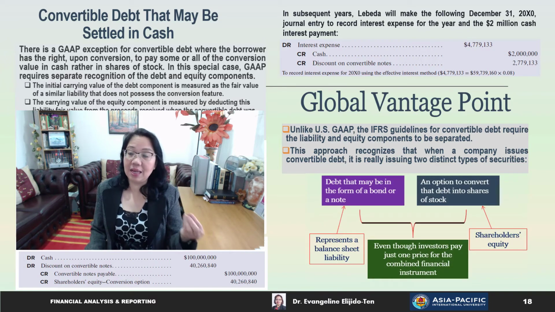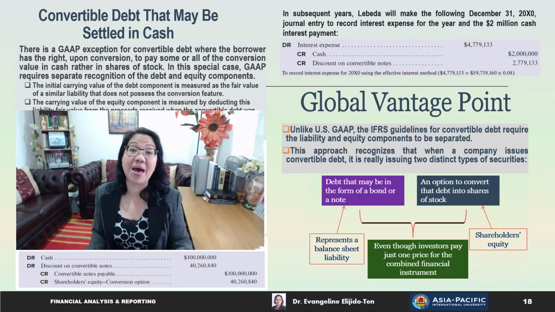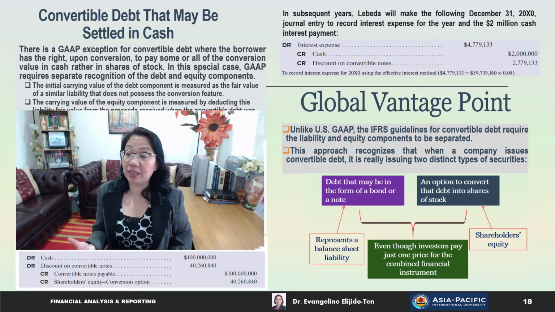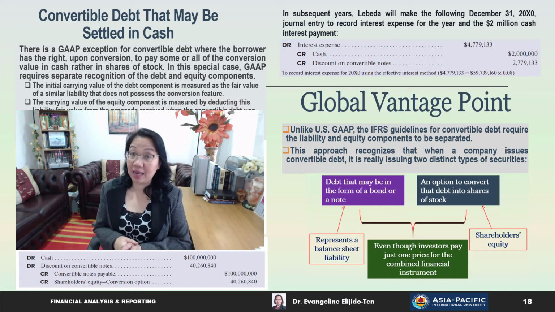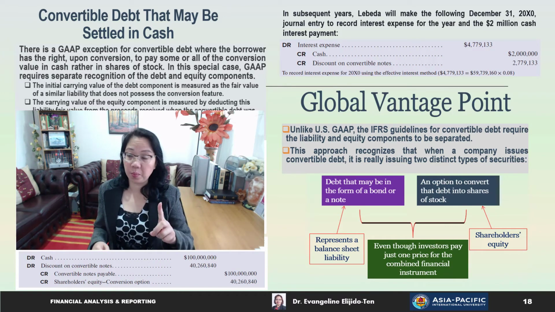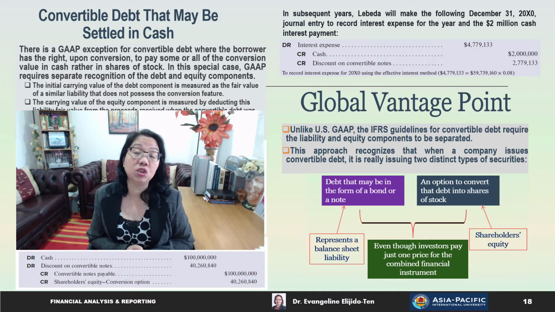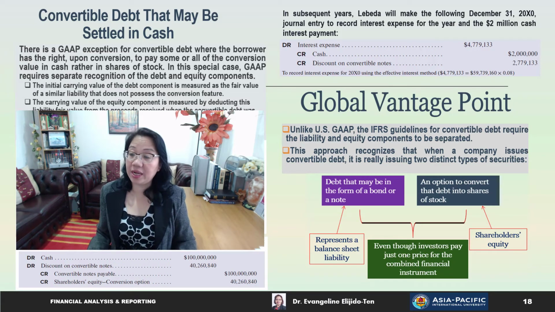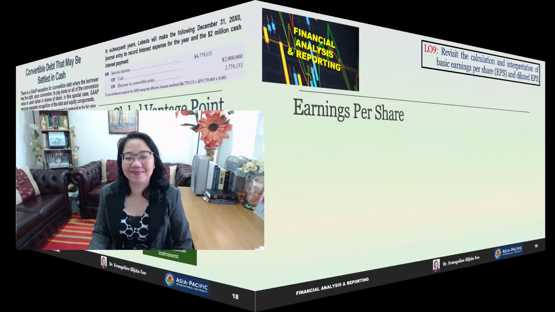The debt that may be in the form of a bond or a note, this represents the balance sheet liability, and the option to convert that debt into shares of stock, and that's the shareholders' equity portion. So even though investors pay just one price for the combined financial instrument, they are really getting two securities, and therefore it must be recorded separately when the company issues convertible debt.